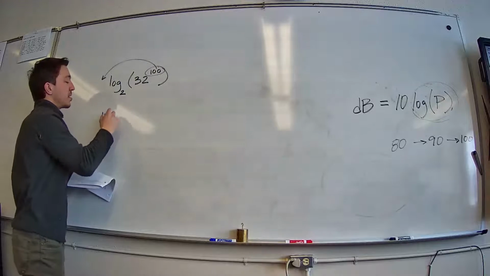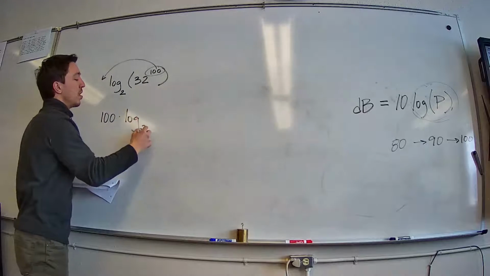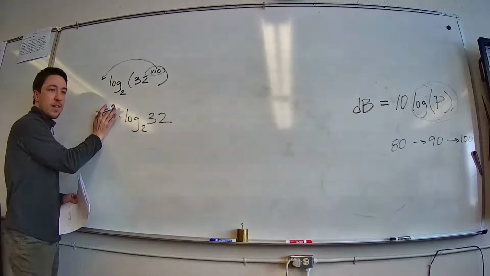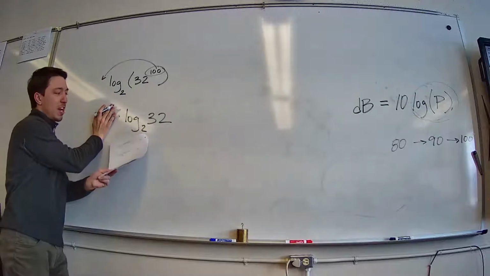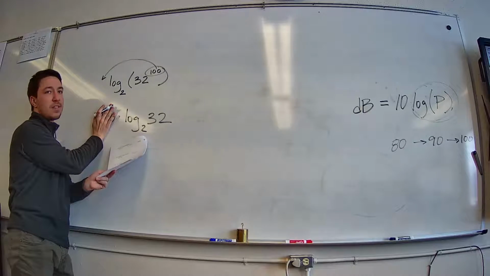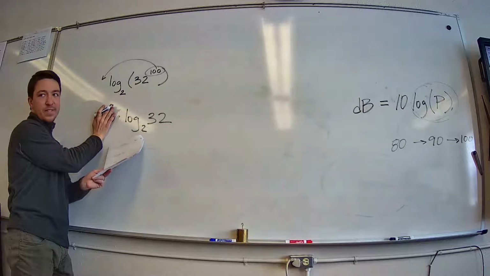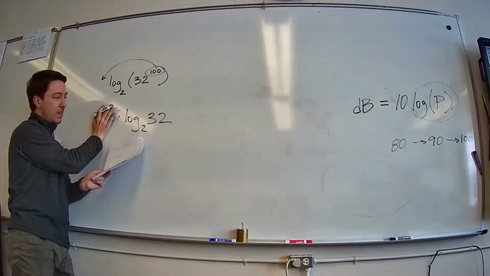Okay, so now really this is 100 times log base 2 of 32. Ignore the 100 for a second. Zarita, focus. What's log base 2 of 32? Come on, this is an easy one. It's 5. 2 to the 5th power is 32, okay?